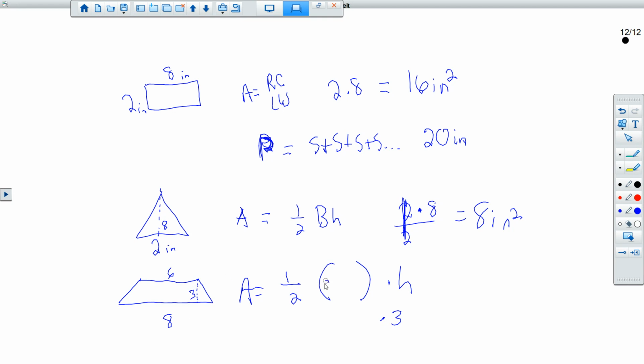What's our base? Well, it's going to be 8 plus 6. What is 8 plus 6? 14. And then we have 1/2 times that. Now, I like to make my numbers small. So let's go ahead and get this here. What is 14 divided by 2? 7. Let's drop this down. Now it's 7 times 3, 21. Let's call these inches. 21 inches squared.